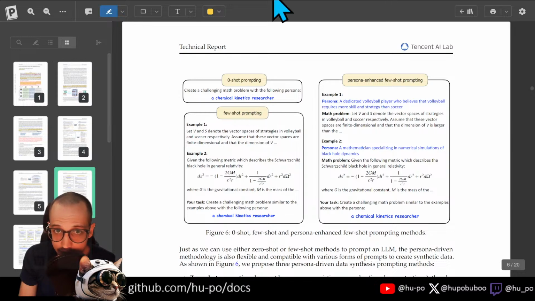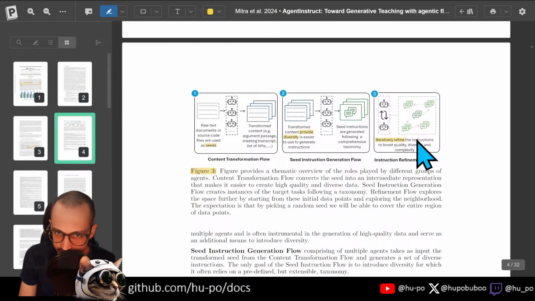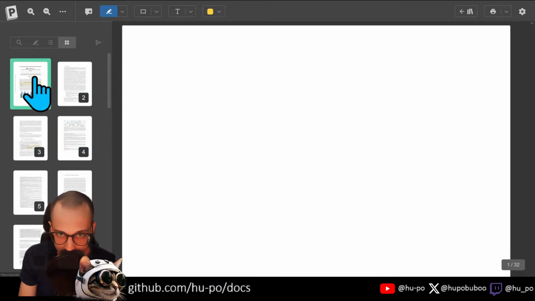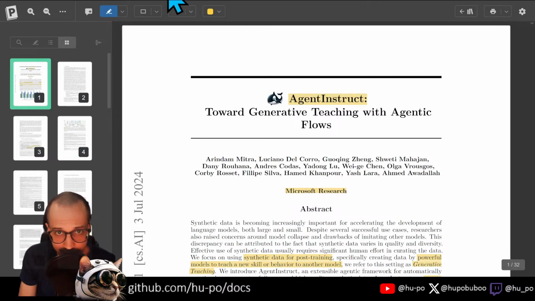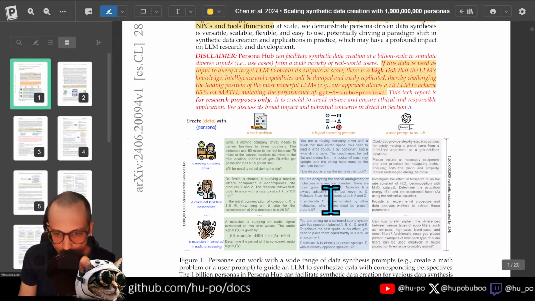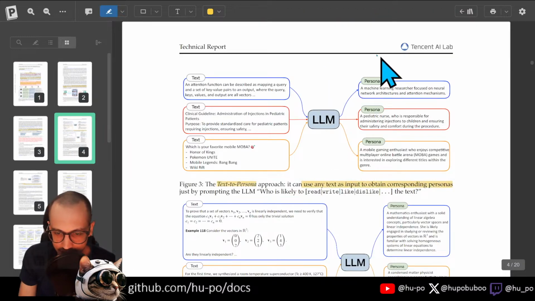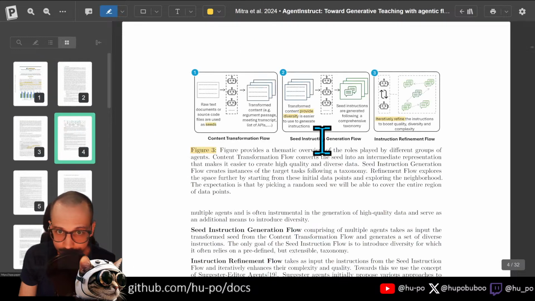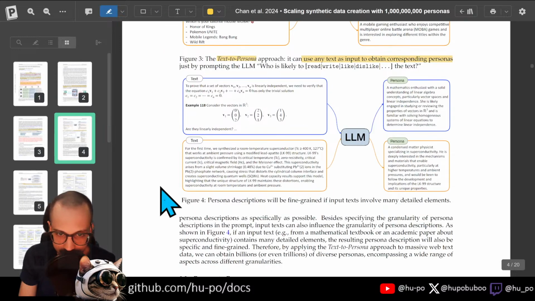Okay, and then finally, in this one, they go the extra step of iteratively refining the instructions to boost quality, diversity, and complexity. So this paper here by Microsoft, this AgentInstruct, is effectively a combination of these two things here, right? Where you're both finding some way of using chunks of the pre-training corpus as random seeds to create these personas, or here the transformed content, using that diversity to generate instruction data sets, or here different modifications of some existing data set.